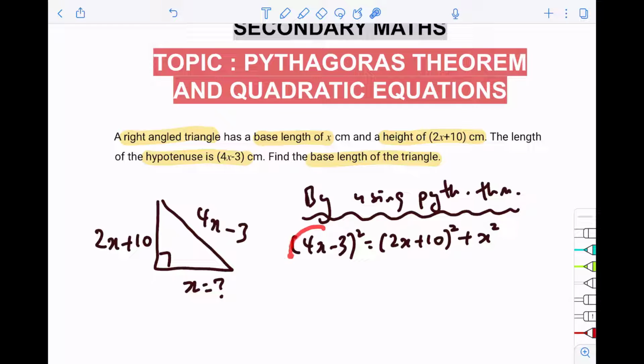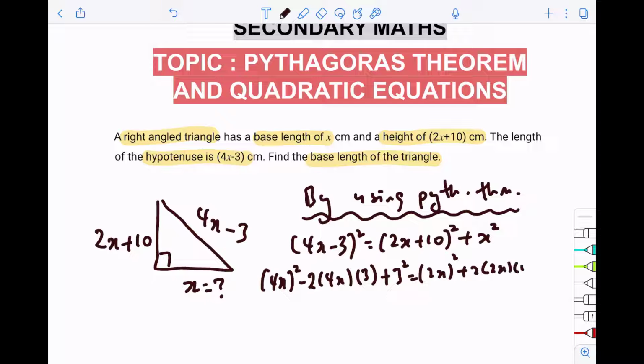Alright, so we use our expansion formula, which is a minus b squared equals a squared minus 2ab plus b squared. Again, a plus b squared equals a squared, this time around plus 2ab plus b squared, and then plus x squared there. That's at the end.